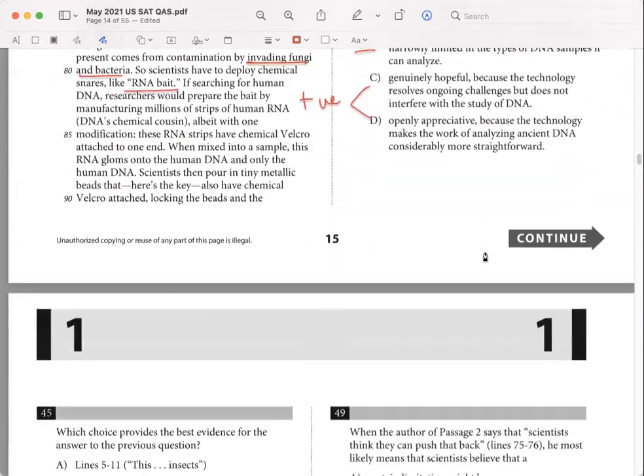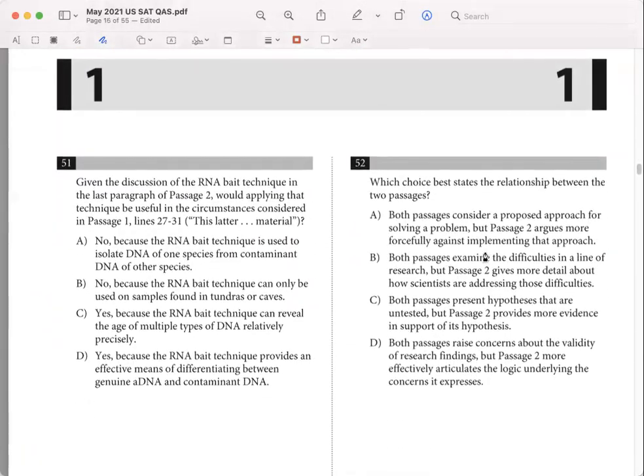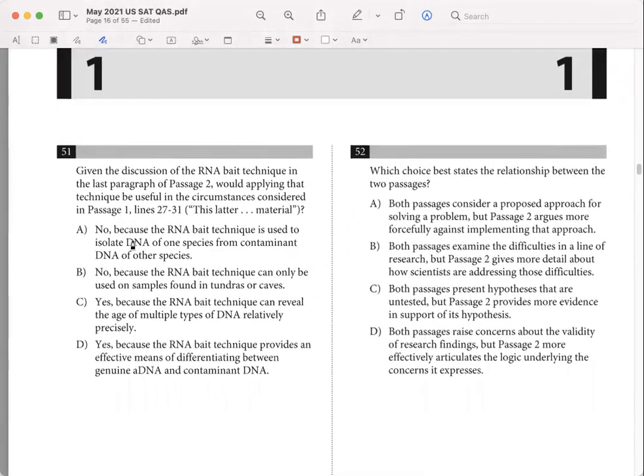So this technique wouldn't work. So it's a no answer because the RNA-based technique is used to isolate DNA of one species from contaminant DNA of other species, right? Human DNA from contaminant DNA of bacteria and fungi. But that's not what the problem said. So A is the best answer.